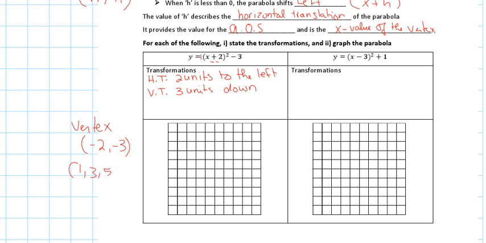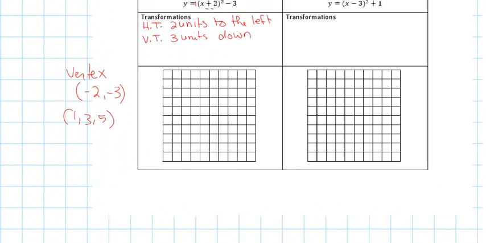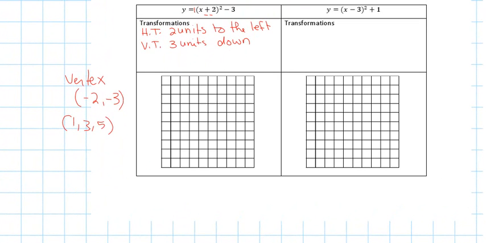So I'm going to have to locate my vertex. My vertex is at -2, -3, so it's right here.